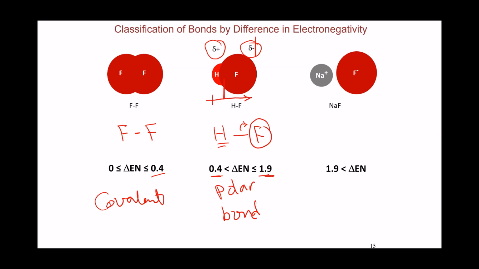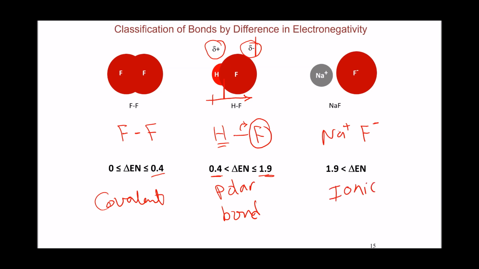Okay? If the difference in electronegativity is larger than 1.9, then this is a straightforward complete electron transfer from one atom to the other to form a completely ionic compound that is held together with ionic bonding, electrostatic attraction between the different ions.